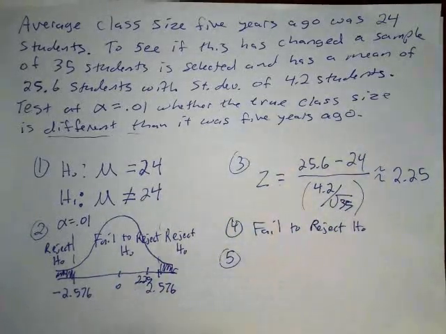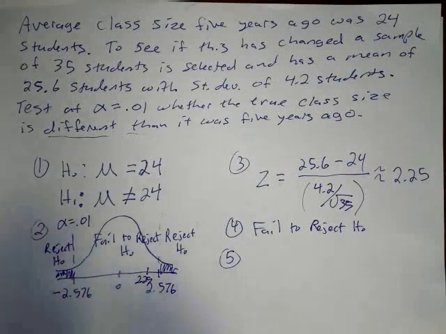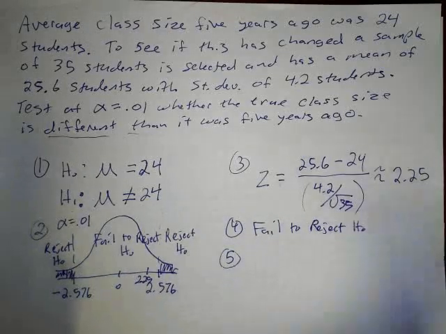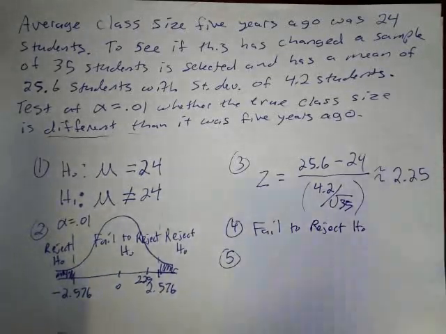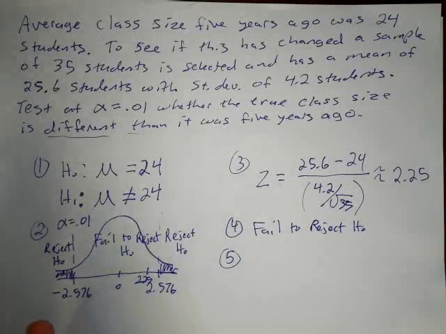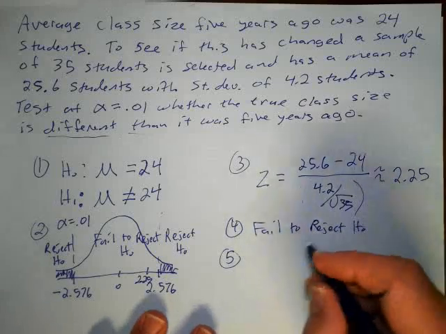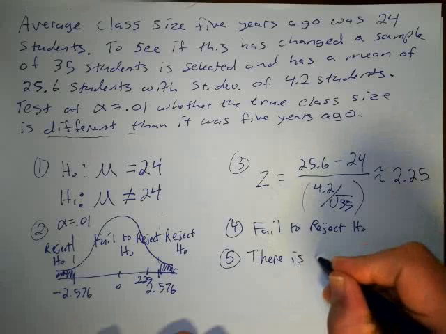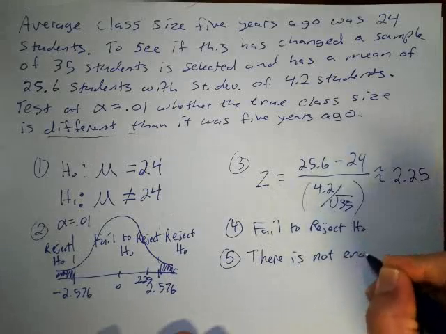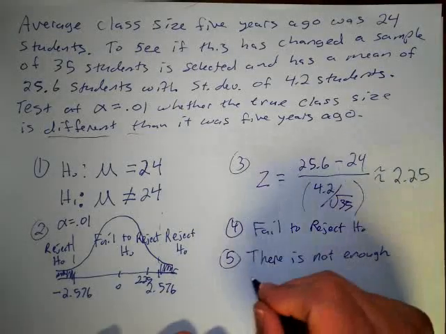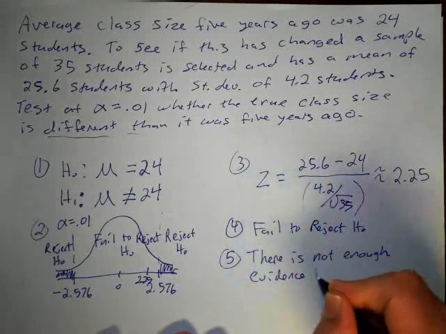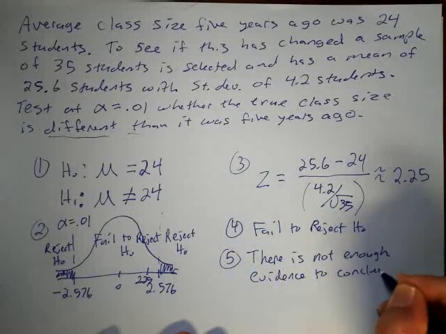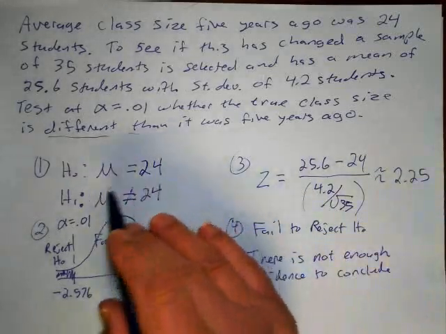Okay, so how do I make my decision? Okay, well, what we saw last time is whenever you have enough evidence to reject H naught, you would say there is enough evidence to conclude the alternative. But if you fail to reject H naught, you would say there is not enough evidence to conclude the alternative. So since I failed to reject H naught, I would say there is not enough evidence to conclude. And I wouldn't say conclude the alternative, but I would state what the alternative says.